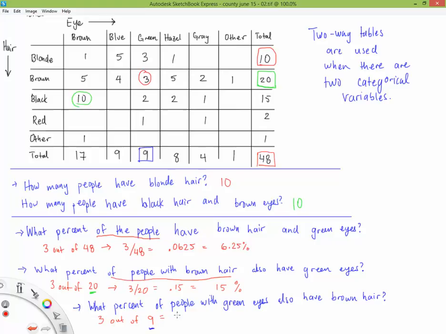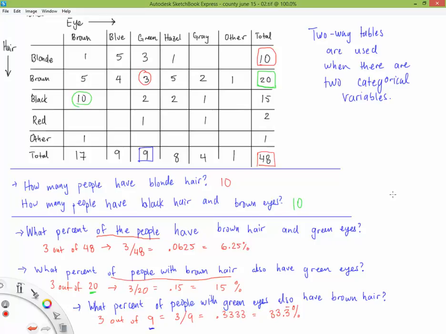So we do 3 divided by 9, and this gives us 0.33333333. Okay, so I'm going to just say 33.3%, got to round off somewhere, but the 3 keeps going on.